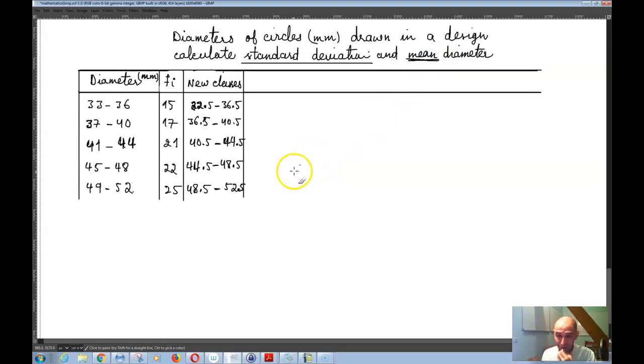For standard deviation, I can use the shortcut method, or I can use sigma. We said that sigma squared was equal to sigma f of i times (x of i minus x bar) all squared, divided by sigma f of i.